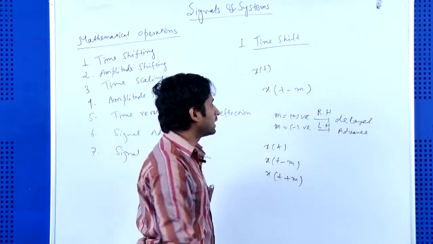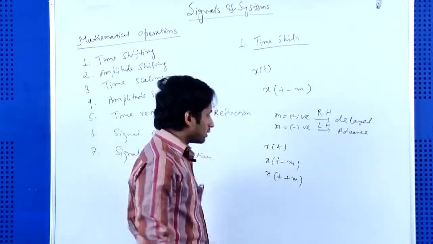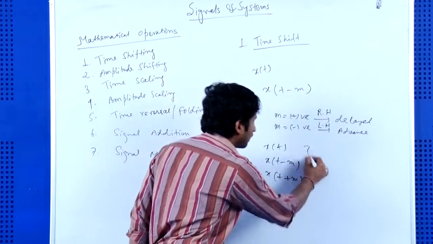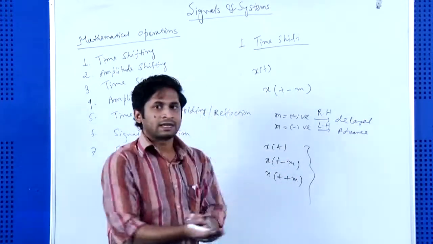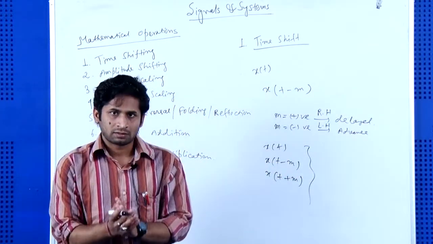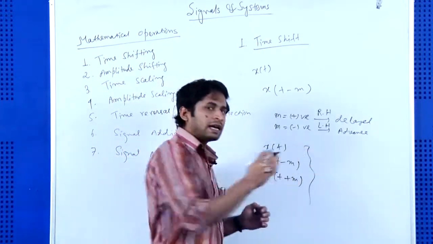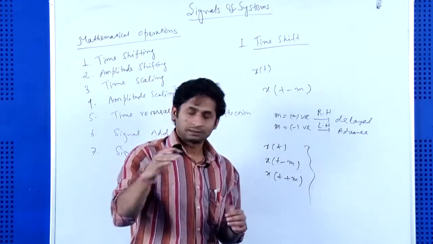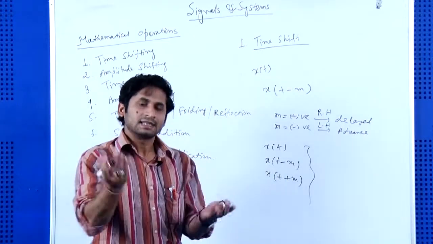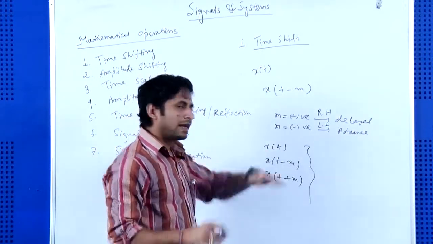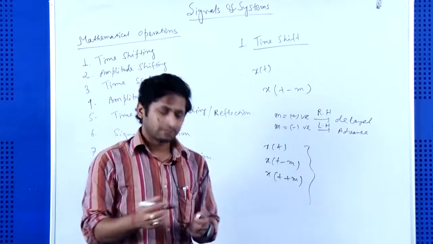So, there is a shift to the left hand side, and it is the advanced signal. In all the cases the shape of the signal will be the same, but there is a shift in the time axis, that is the x axis. So, it may be a left hand side shift, it may be a right hand side shift.